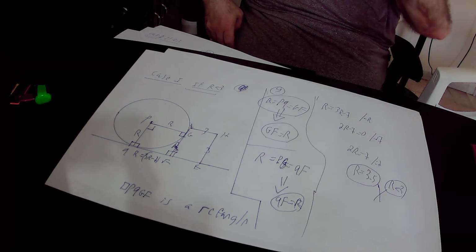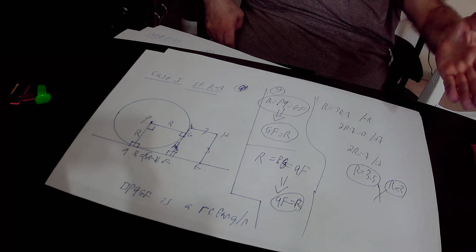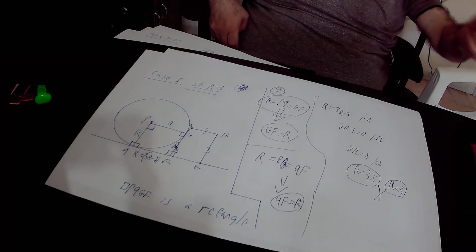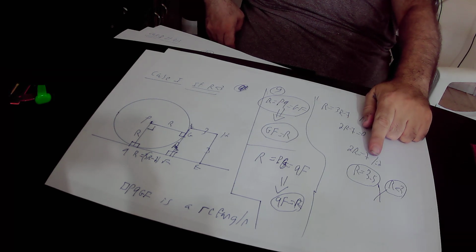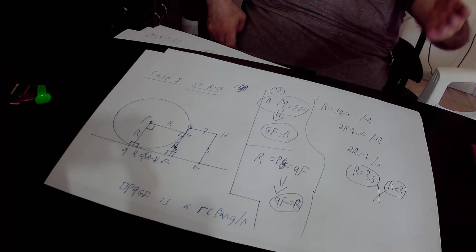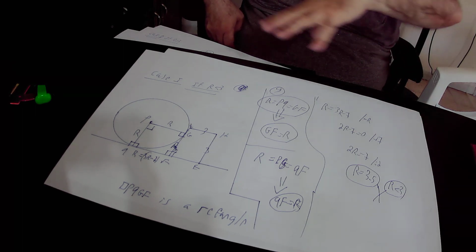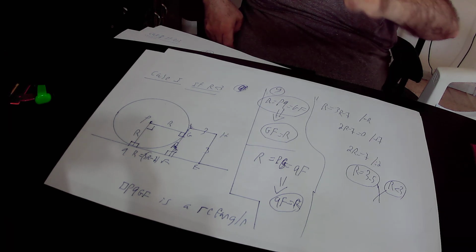According to our assumption, R is less than 3 units, but here we got that R equals 3.5 units. R cannot be both. Therefore, we have a contradiction, so R cannot be less than 3 units.